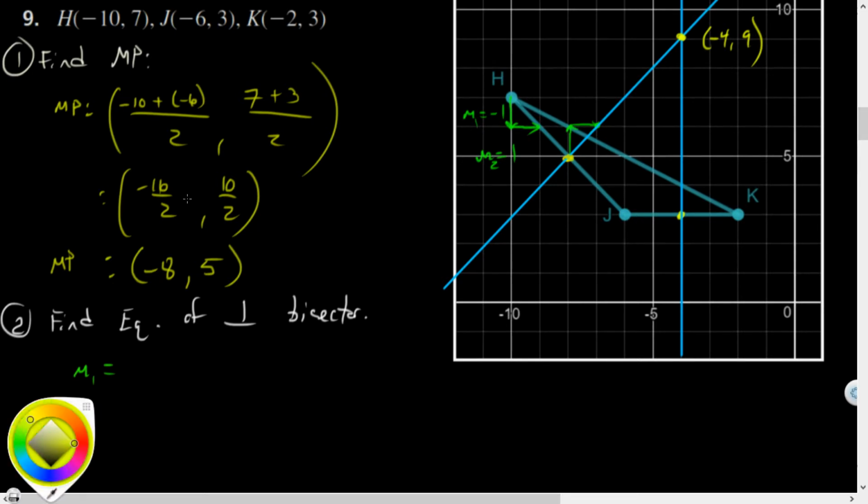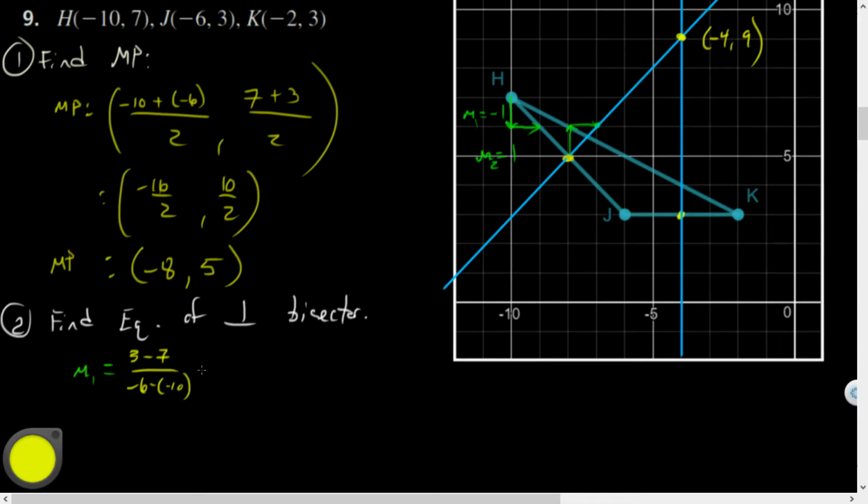It's going to be y2 minus y1, 3 minus 7 over -6 minus -10. I just want to show you that what we did graphically is accomplishing the same thing. So this would be -4 over +4, so the slope is -1. So the slope of our line being perpendicular is going to be +1, which we'd already talked about.